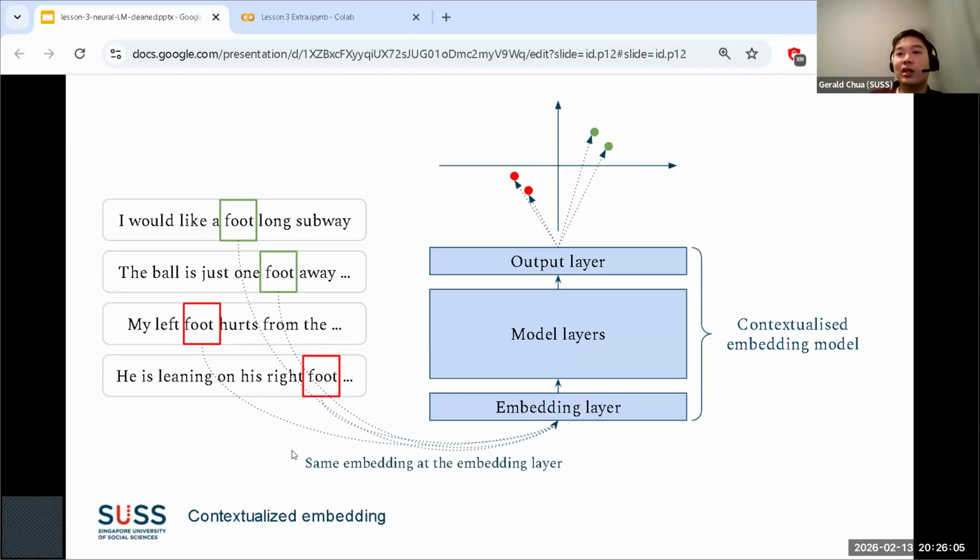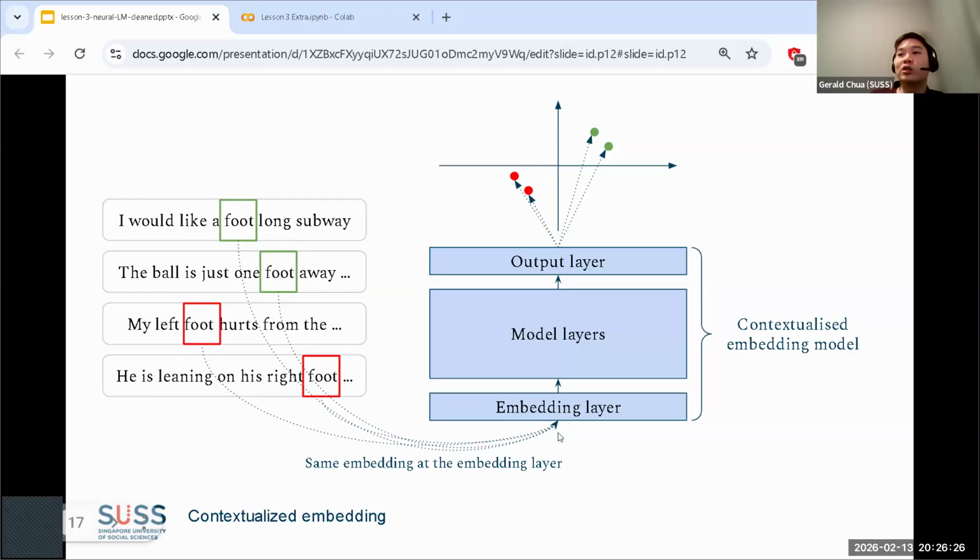one way to visualize it now is to actually look at how this contextualized embedding model works. If you see the output on the top, basically you're creating a map of where certain words belong in the sentence. So: I would like a foot. The ball is 1 foot away. My left foot hurts. He's leaning on his right foot.